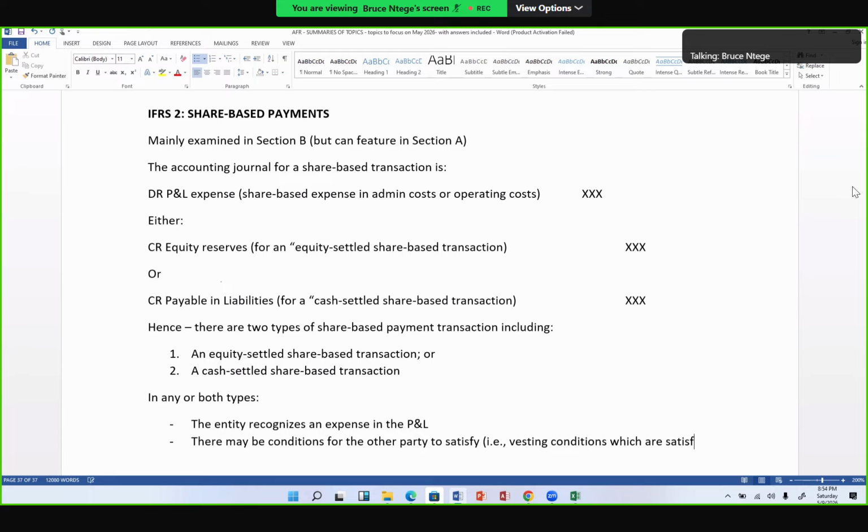These vesting conditions are satisfied in a vesting period. Usually the examiner will give the vesting period, because that's the period against which we're going to accrue.